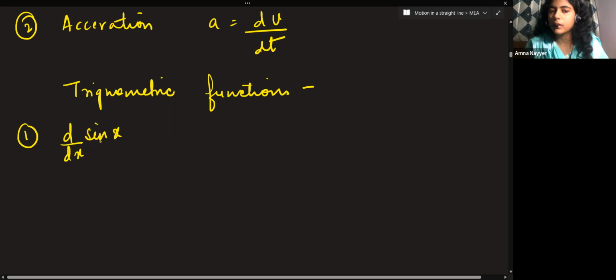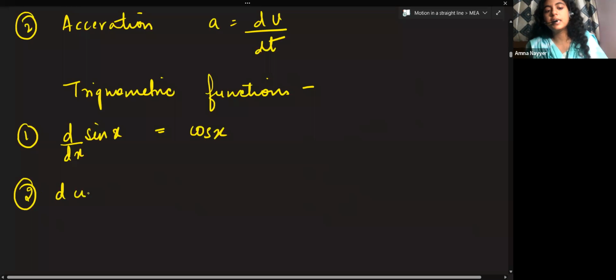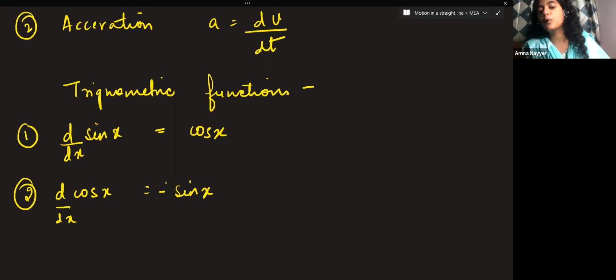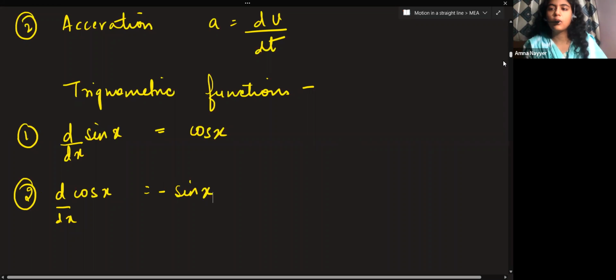I'm not taking theta, you can take theta as well. So differentiation of sine x gives you cos x. Then differentiation of cos x should give you sine x, but it gives you sine x with a negative sign. So d cos x over dx gives you minus sine x, and sine x gives you cos x. All right. So these are sine and cos.